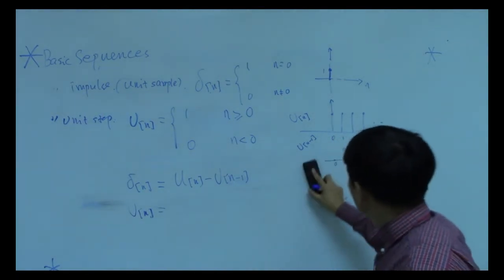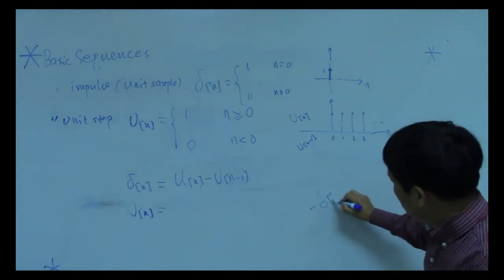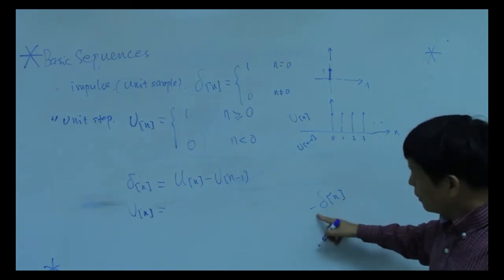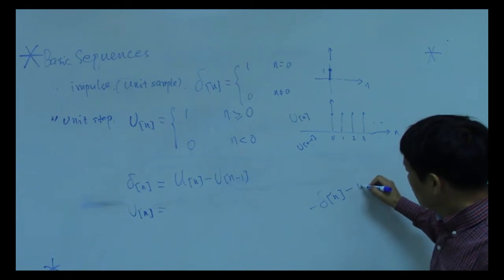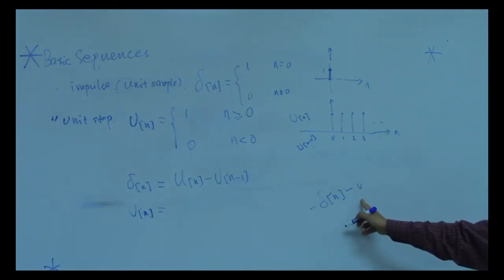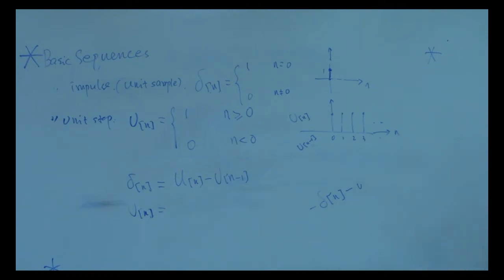Negative impulse minus u[n minus 1]? Oh, we don't use u because we don't know u. We want to use the impulse only to represent u.